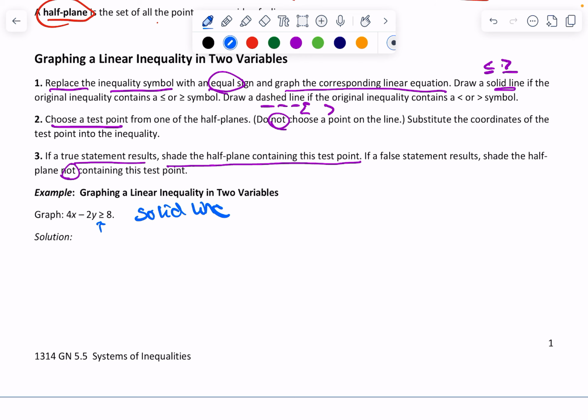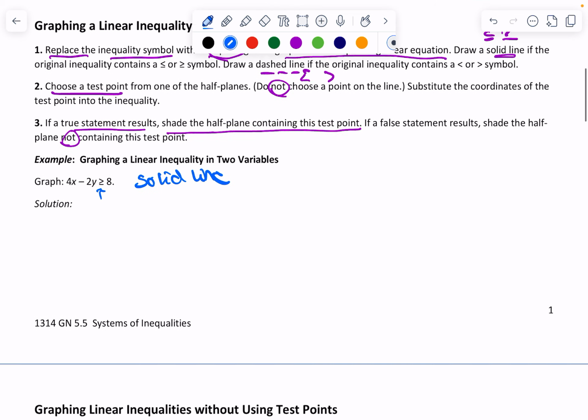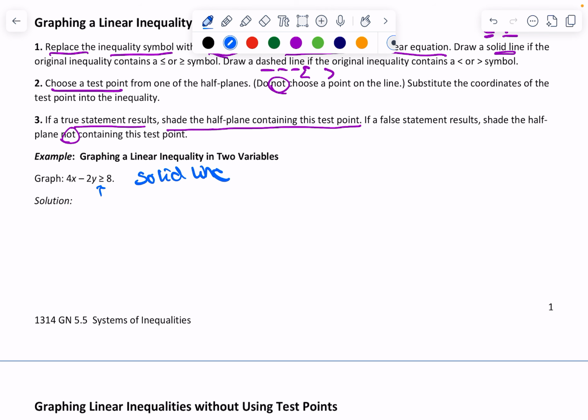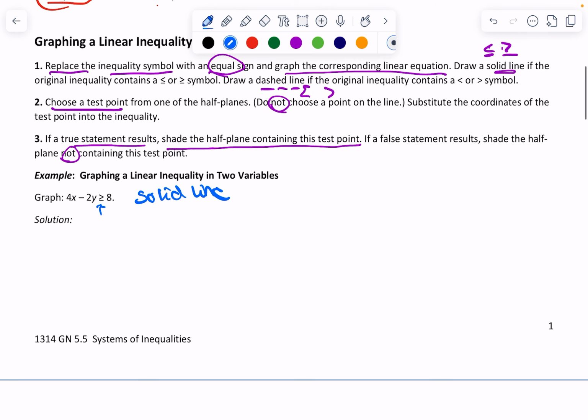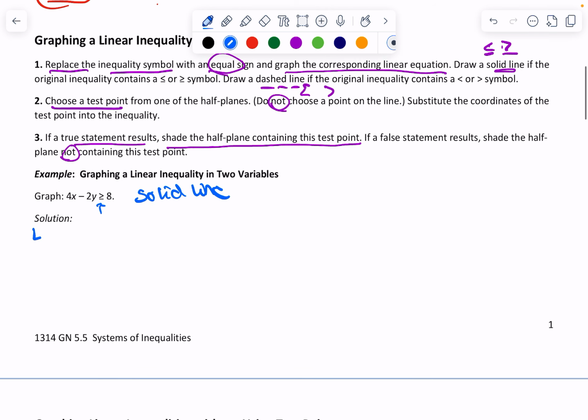I'm marking it so that I remember when I start graphing. Our first step was to replace the inequality symbol with an equal sign, so 4x minus 2y equals 8. And now we're going to go ahead and graph this line.